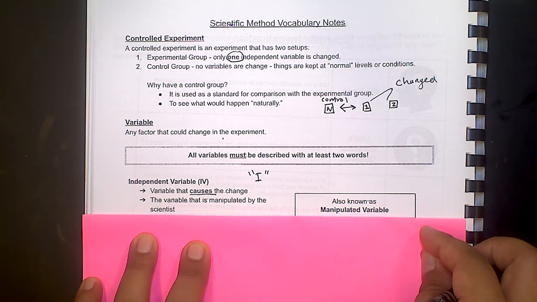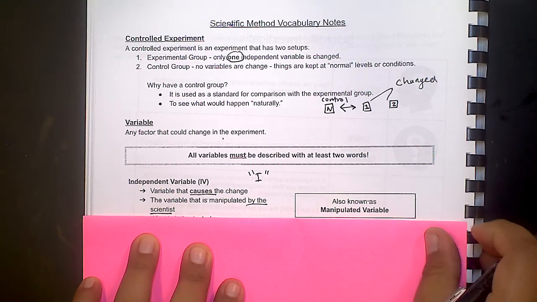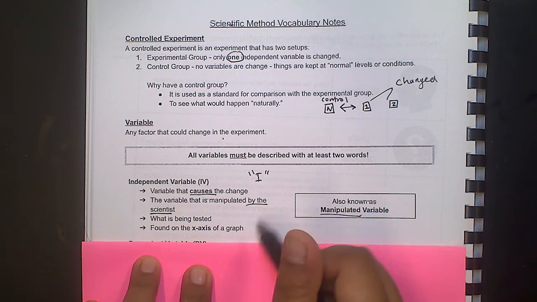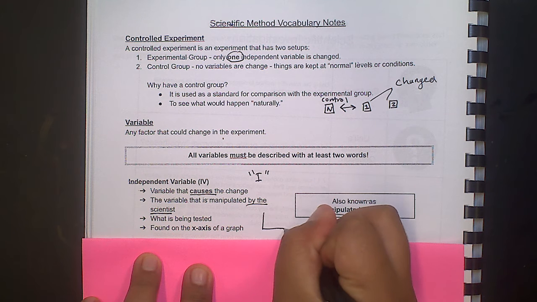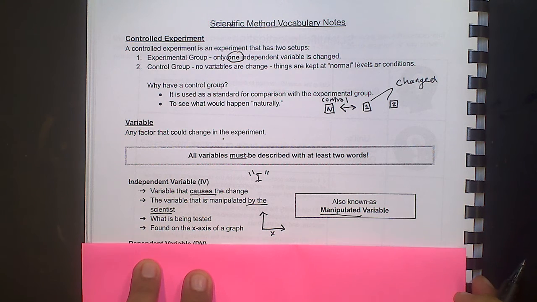The variable that is manipulated by the scientist. Sometimes this is also known as a manipulated variable. It's what we are testing, and it is found on the x-axis of a graph. So a little reminder, this horizontal part is the x of a graph.